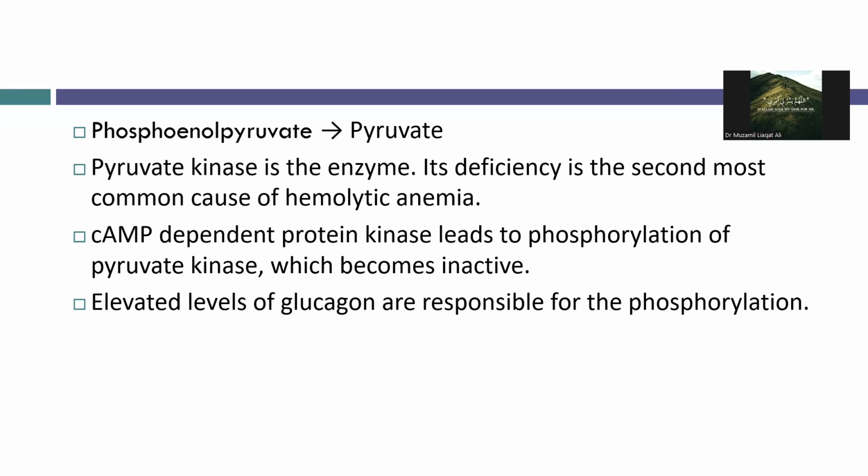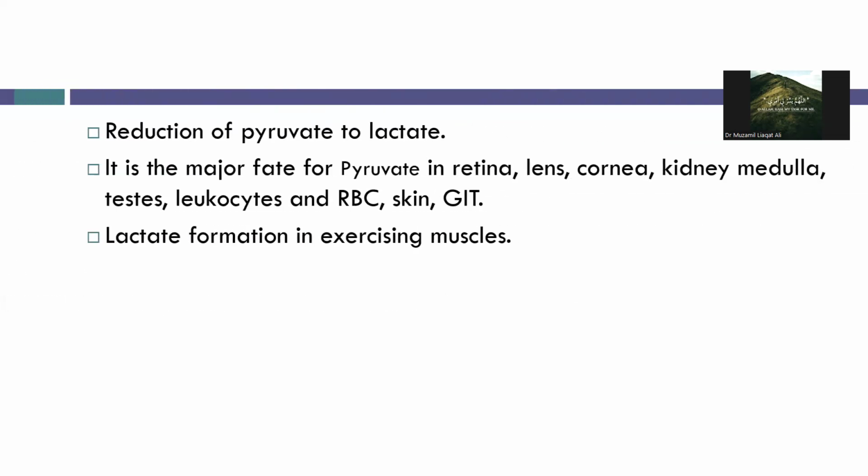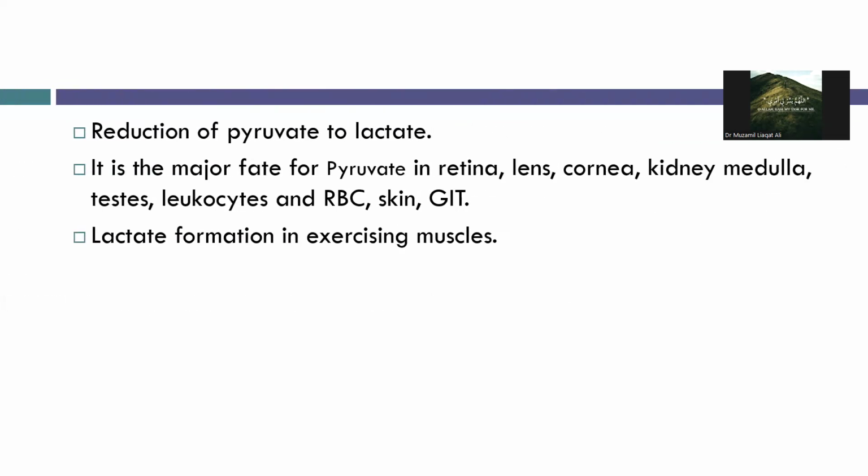Now let's talk about the reduction of pyruvate to lactate. In tissues with limited oxygen, that is in retina, lens, cornea, kidney medulla, testes, leukocytes, red blood cells, skin, and GIT, or during intense exercise, pyruvate is reduced to lactate by lactate dehydrogenase, that is the LDH enzyme.